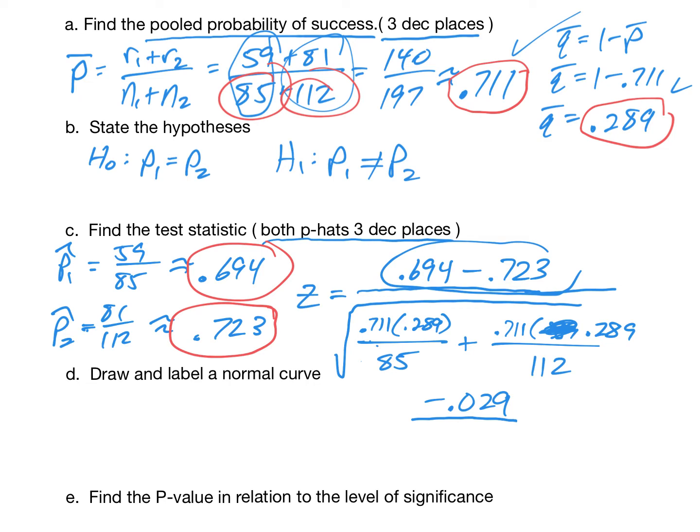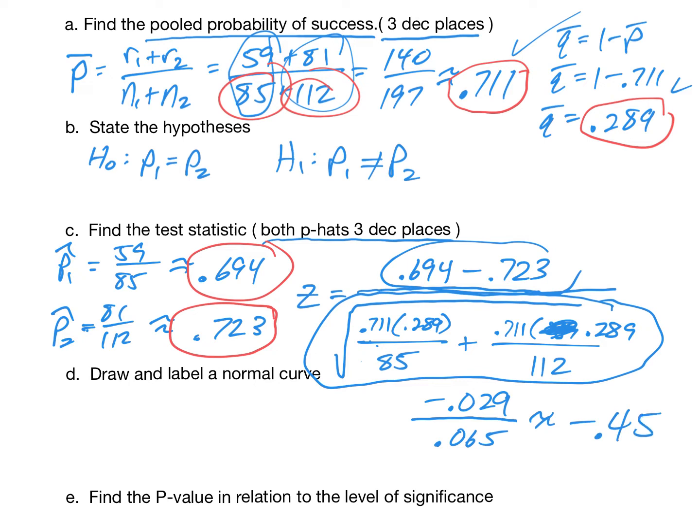Now, I want you not to plug this whole thing in, just plug the radical in your calculator. Go ahead and do it to 3 decimal places, 0.065. Ladies and gentlemen, I do not want you to plug this all in your calculator at one time. Please do it in separate pieces. It has to be done in the second problem, and that's why I want it done in this first problem. Two separate things: negative 0.029 divided by 0.065 gives negative 0.45.